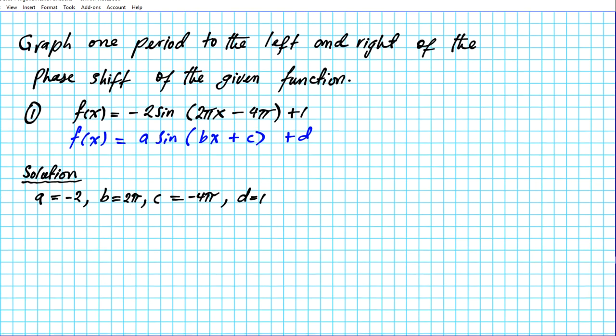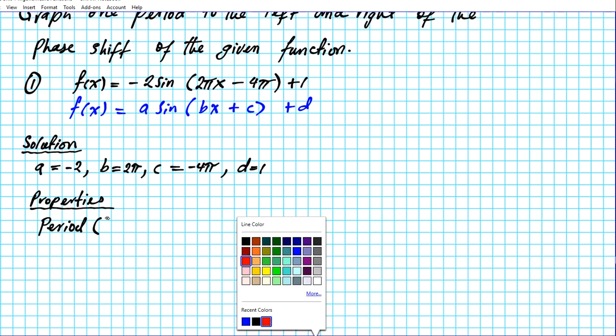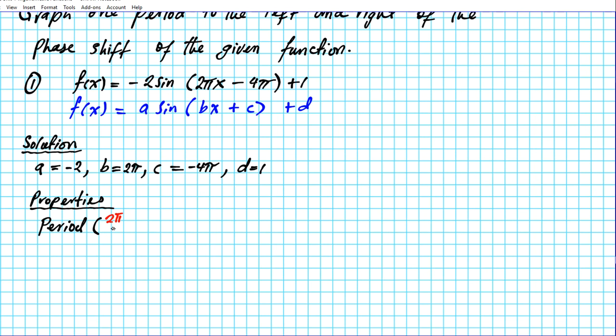Okay, so let's go ahead and write down the properties of this trig function. Let's start with the period. The period is given by the formula 2 pi. In most textbooks you see 2 pi over b, but to be more specific it is 2 pi over the absolute value of b, because a period can never be negative.